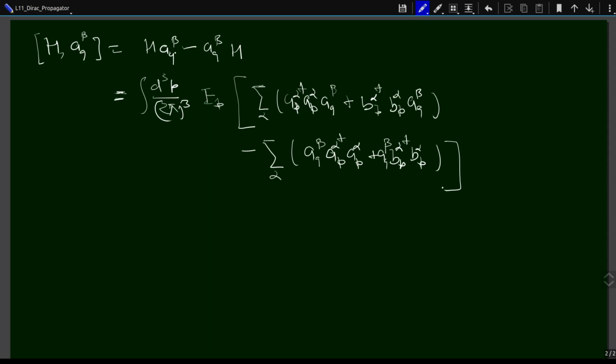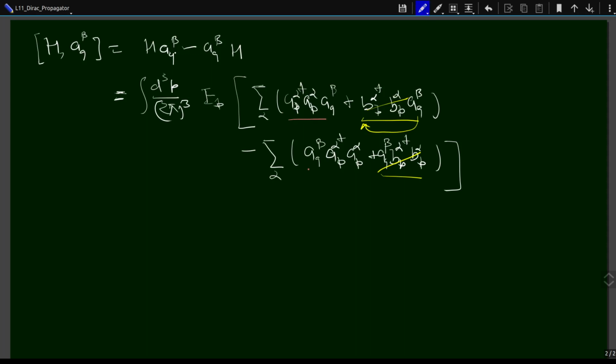Now let's look at the terms underlined here. Since a_q anti-commutes with both of these operators, pure anti-commutation, when I bring this guy over here I have no sign change, and since there's a negative sign between them, these two cancel out. Now, let me again choose a different color.